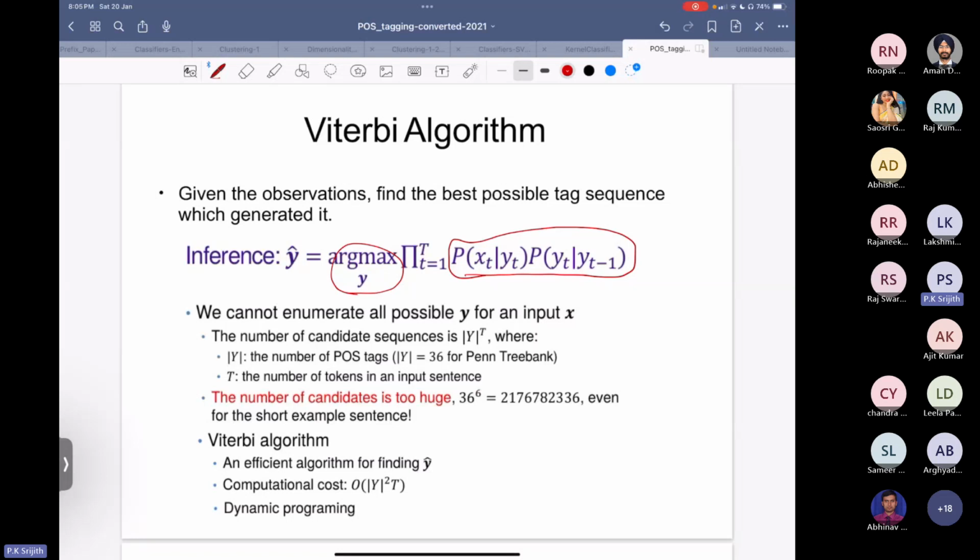Of course, one of these part of speech tagged data sets is called the Penn Treebank data set. And in the Penn Treebank data set, the number of different part of speech tags they are considering is around 36.